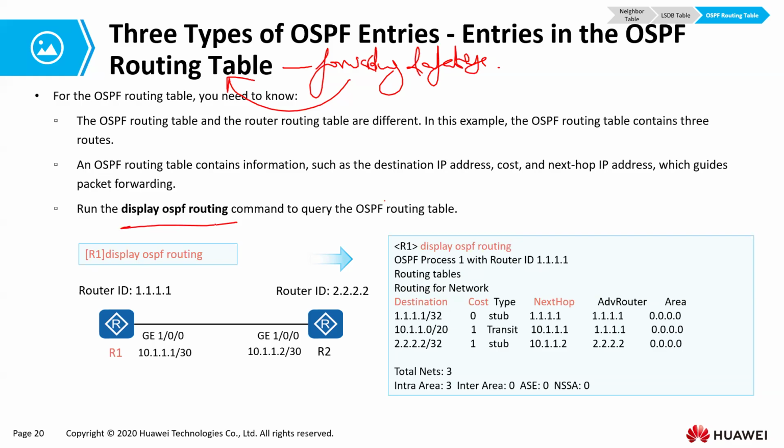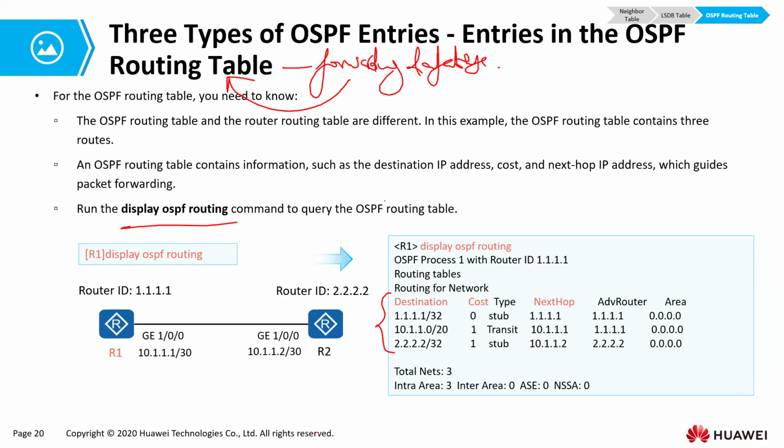How do you display a routing table? On Huawei devices, we use display ospf routing. On Cisco, we use show ip route. And voila, these are the routes in our network.